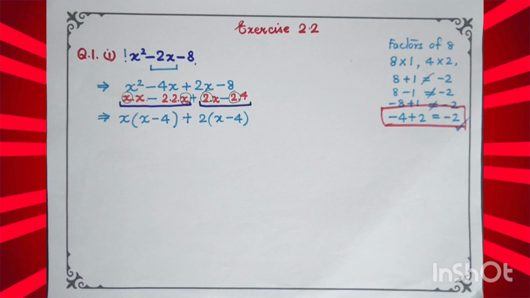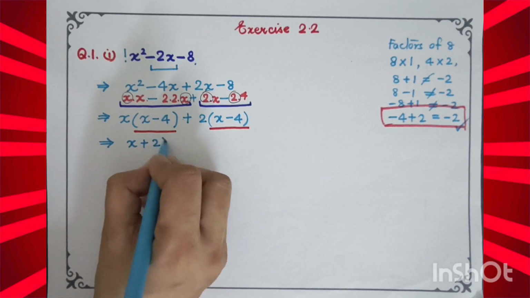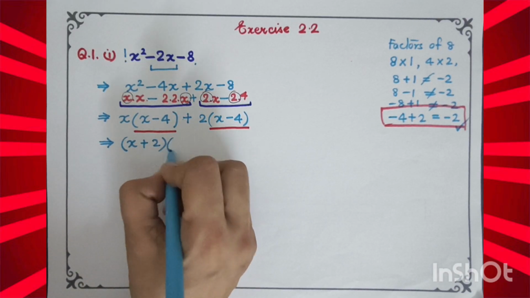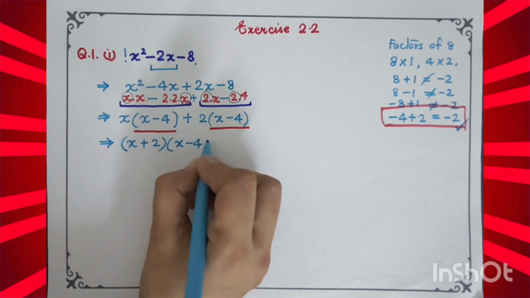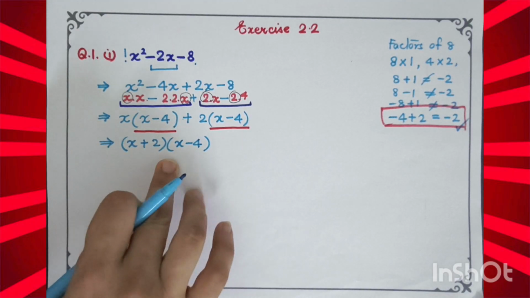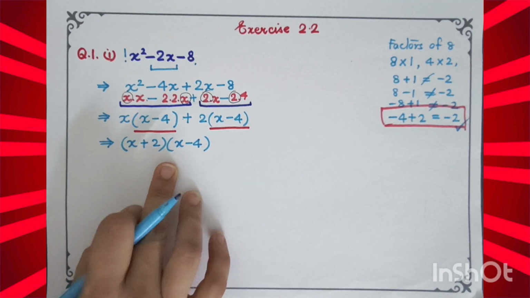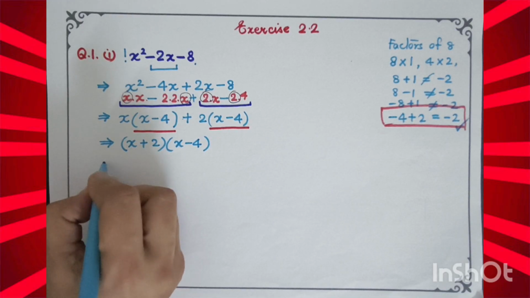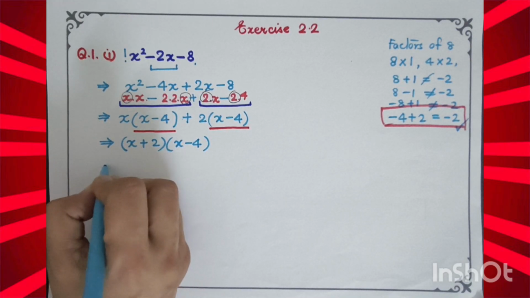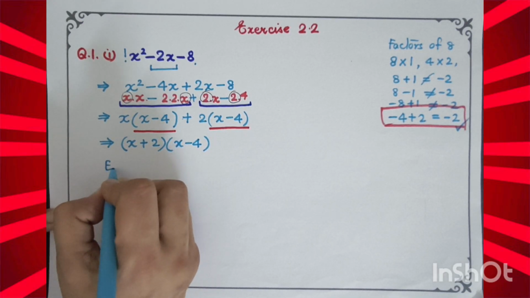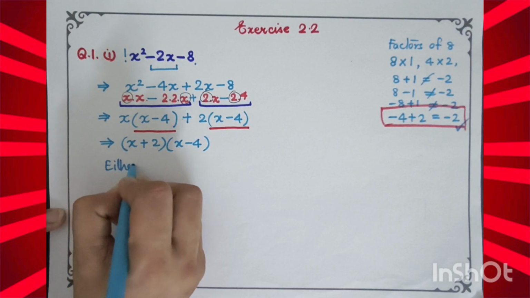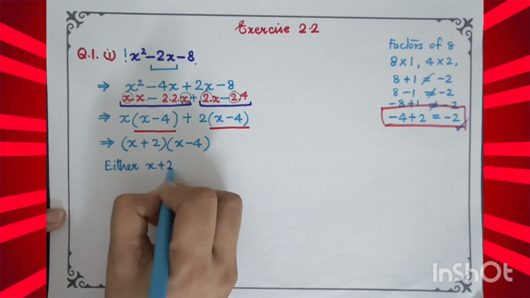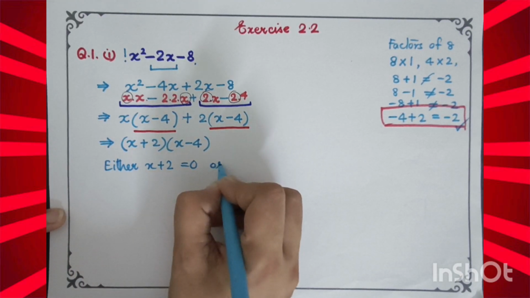Now whenever we are factorizing a polynomial, we should get a common expression on both sides. That common expression becomes one of our factors, and the remaining terms become the other factor. So x plus 2 into x minus 4. These are the factors of the given polynomial.